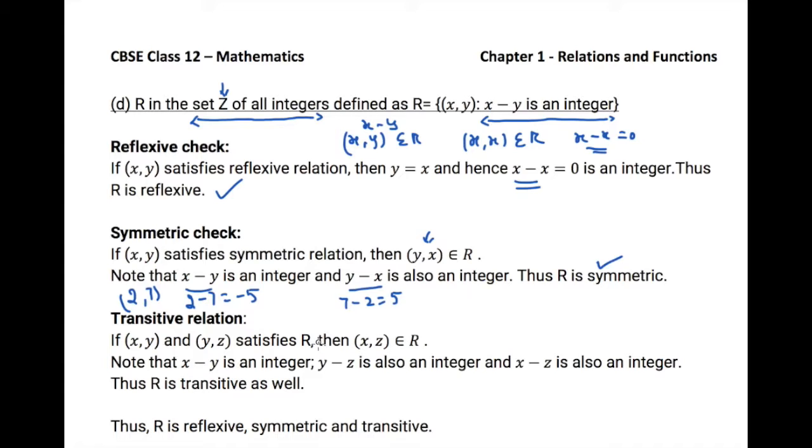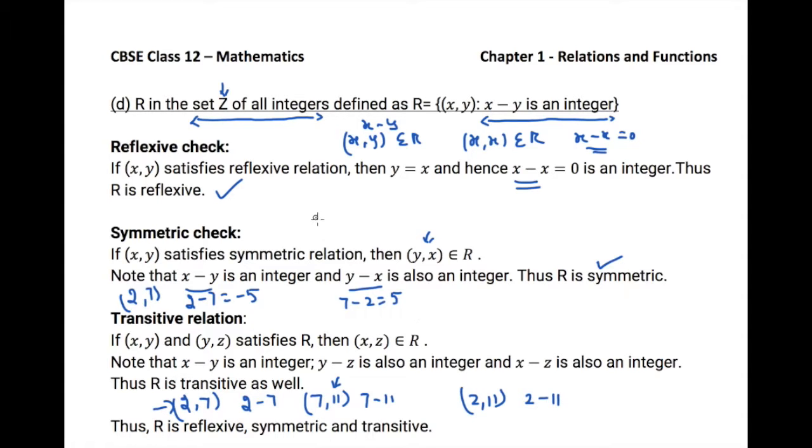Whether it is transitive? Of course, going by the same example, if I am considering (2, 7), 2 minus 7 is an integer. And if I am considering (7, 11), 7 minus 11 is also an integer. And taking the first element and second element, (2, 11), 2 minus 11 is also an integer.